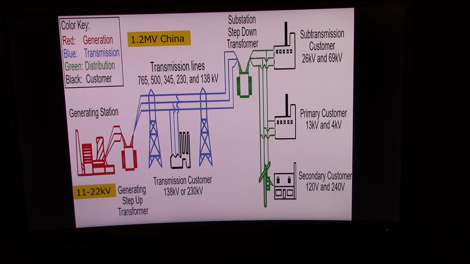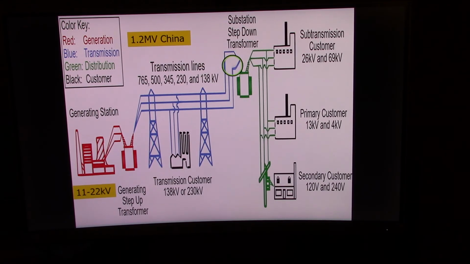So the generation is 11 to 22 kilovolts, and then you have step-up transformers that step up the voltage. And remember, this is for that power loss concept, right? And then you have substations. If you go down, I think it's Southwest Road and 151, you will see one of the substations, which steps down the voltage.